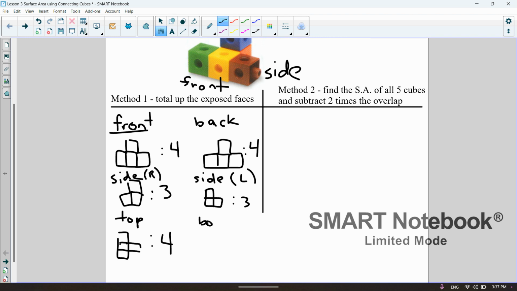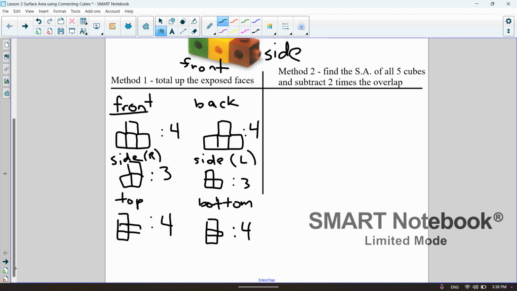And then the bottom would be pretty similar, so that would have 4 as well.